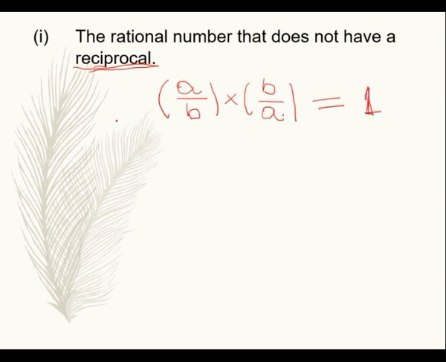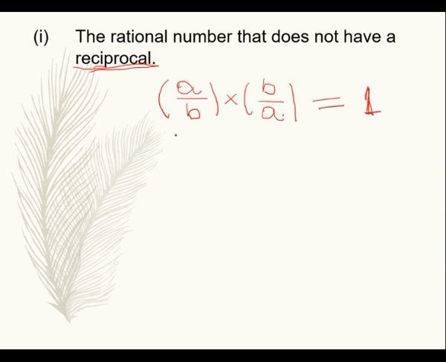So children, here any one, if you take a by b, it will serve as a reciprocal of the other. So a by b is reciprocal of b by a, and b by a is reciprocal of a by b.